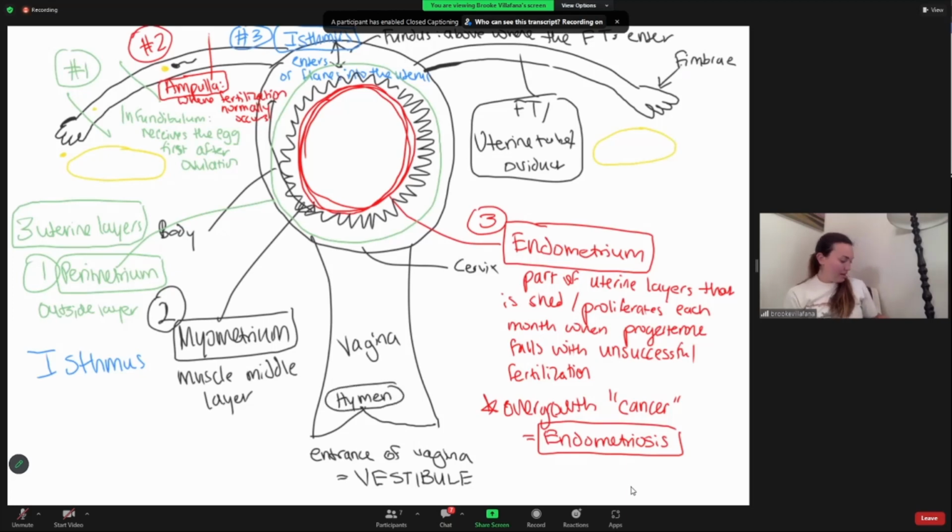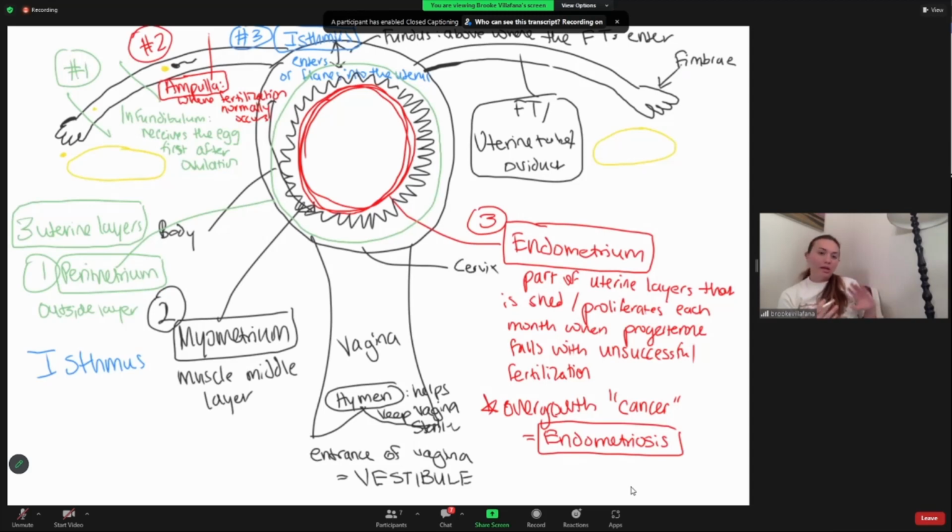And the hymen is what helps keep the vagina sterile. Typically, this would break in girls when they're exercising. As a little girl, sometimes the first time someone has sex is what breaks the hymen, but sometimes it's just riding a bike or using a tampon.